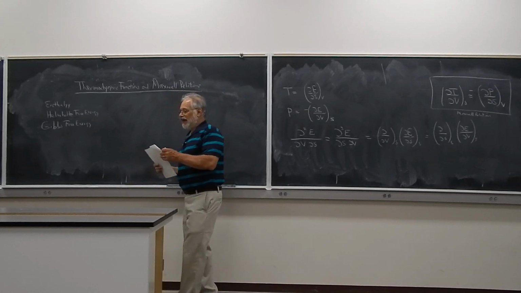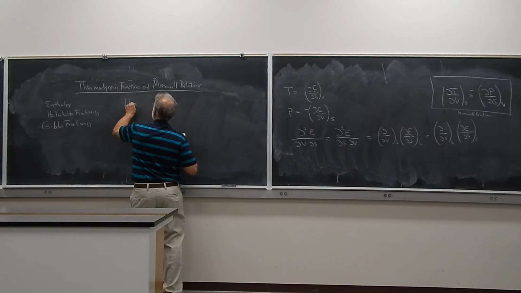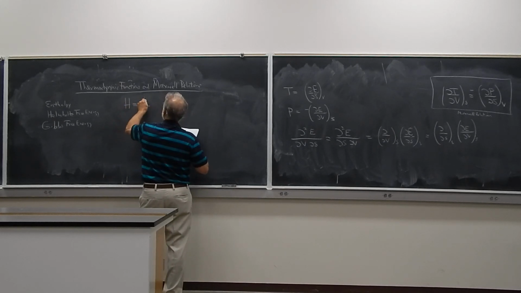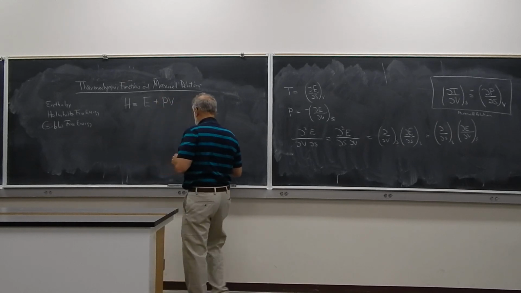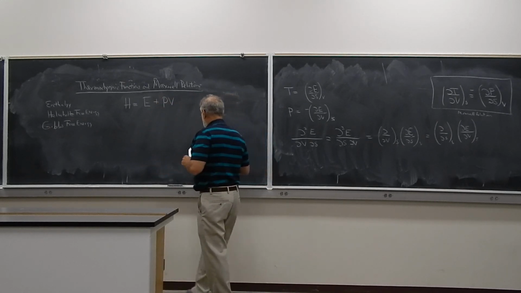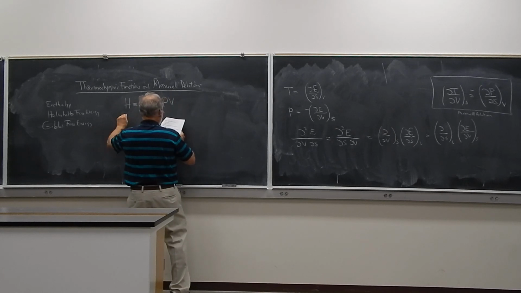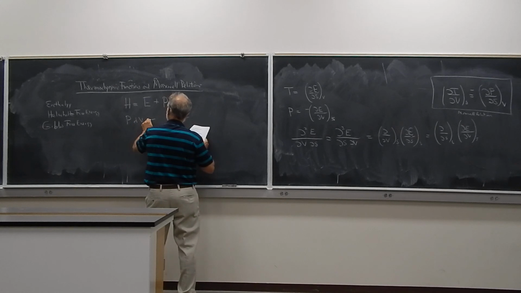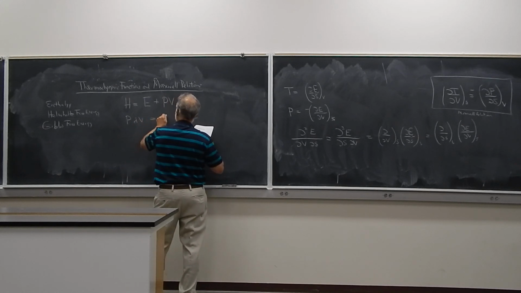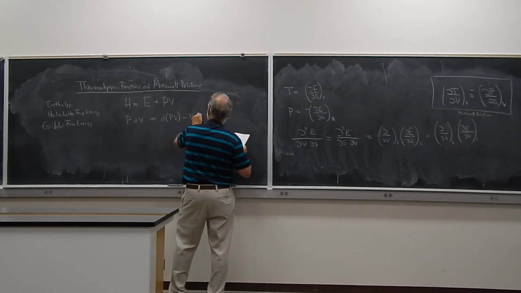So let's talk about enthalpy. Enthalpy is defined as the energy plus pressure times volume. If we begin with P dV, by the chain rule we can write this as the derivative of PV minus V dP.